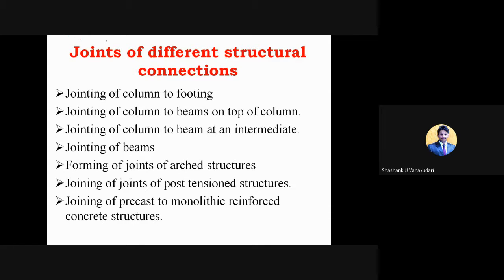It starts with the first part, joining of column to footing, joining of column to beams on top of the column, joining of column to beam at intermediate sections, and then joining of one beam to another beam, and then forming of joints of arc structures, especially in tunnels and other structures where we get arc-like structures, and then joints of precast tension structures, and joining of precast monolithic reinforced concrete structures, right?